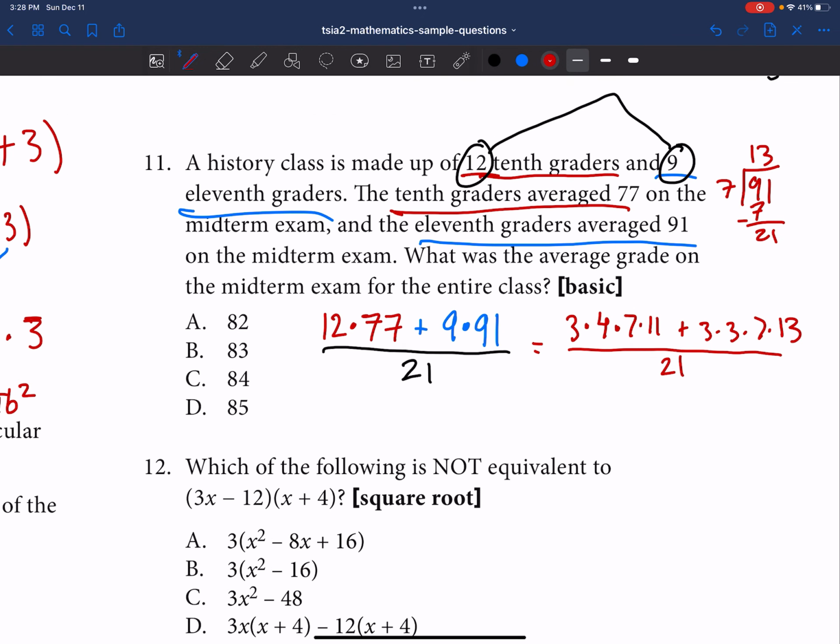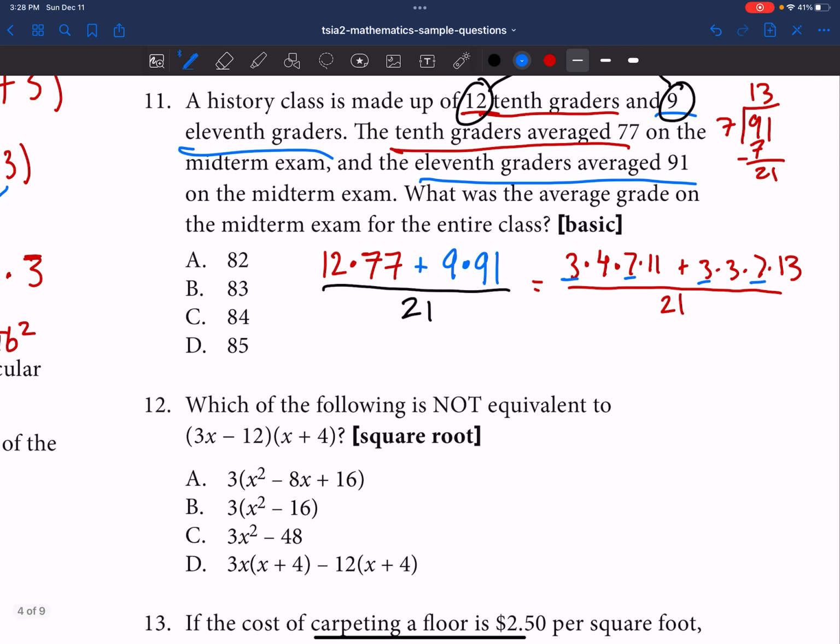So what I want you to notice is there is a common factor here of 3 and 3 and 7 and 7. So what I can do is I can pull out 3 and 7 from this expression. I get 4 times 11 plus 3 times 13 all over 21.